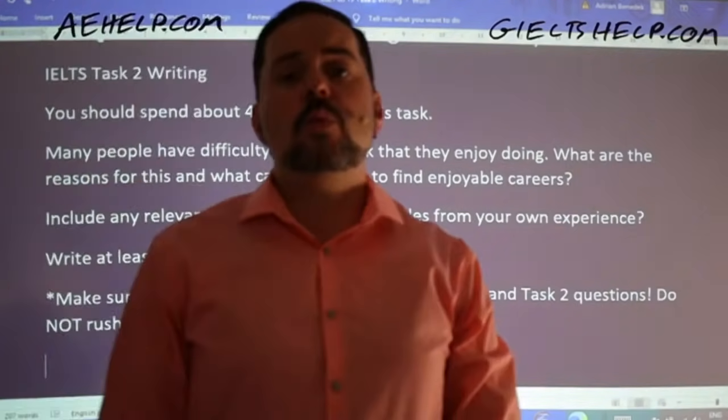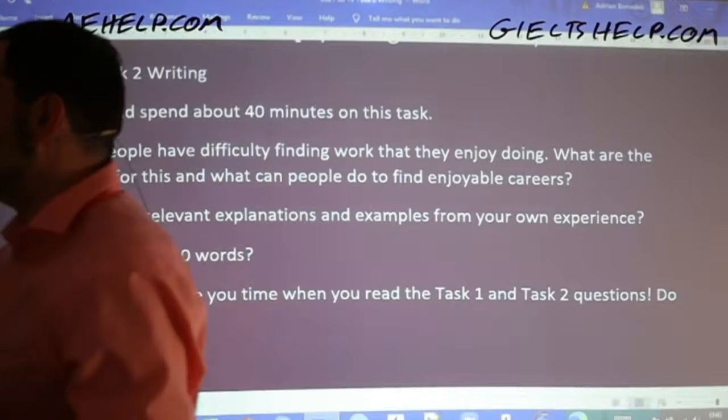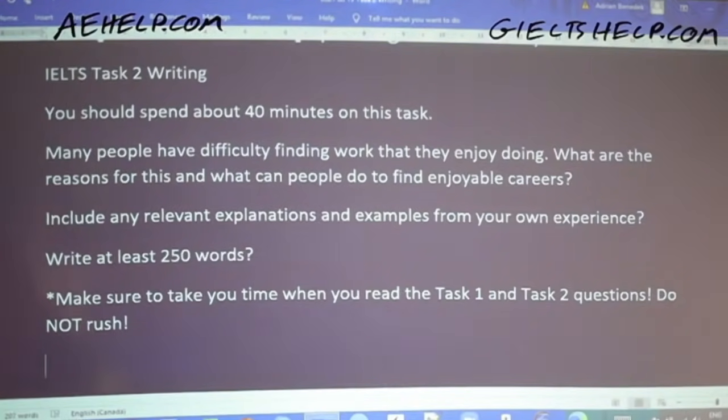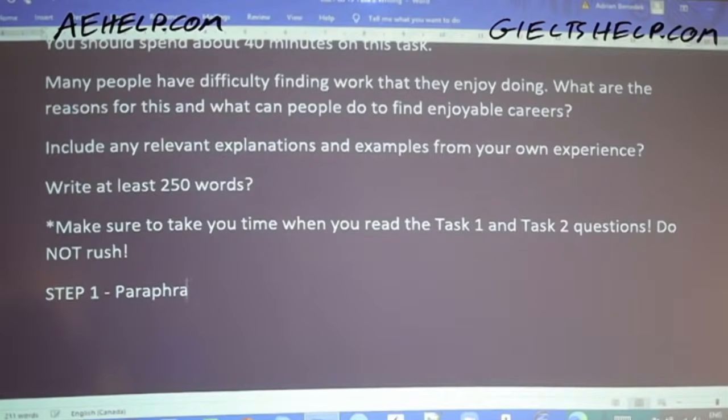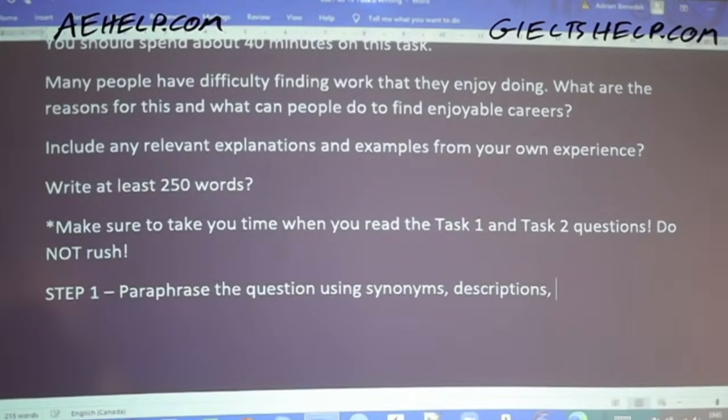Okay, so once you read this question, the first step is to paraphrase, okay? So step one is paraphrase the question using synonyms, descriptions, grammar, and the like.